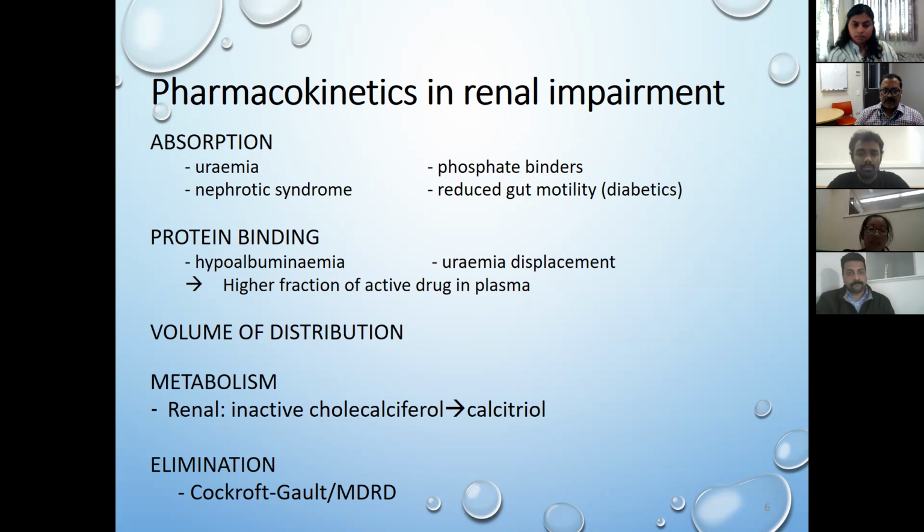All right, the next step that can change is protein binding. These changes are caused by low albumin states, which can happen either because of poor nutrition, or because the patient is losing protein due to nephrotic syndrome.